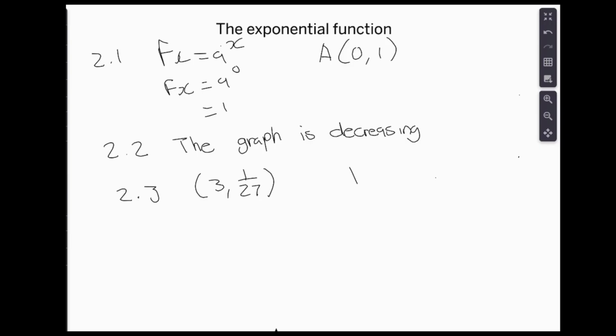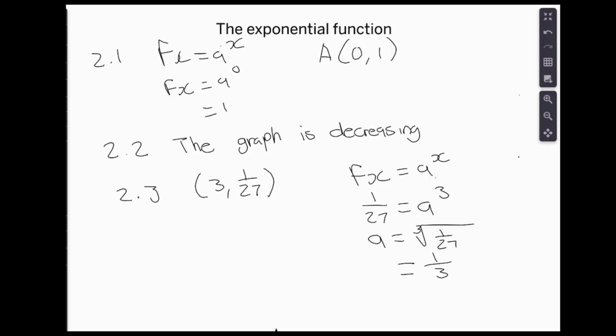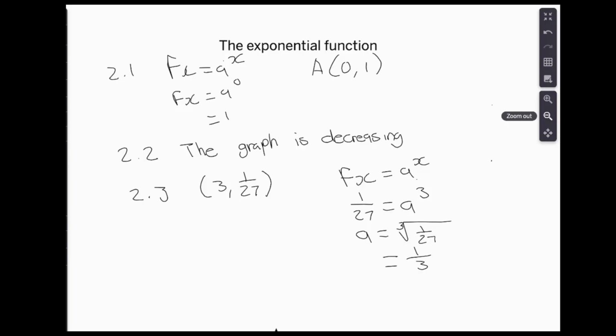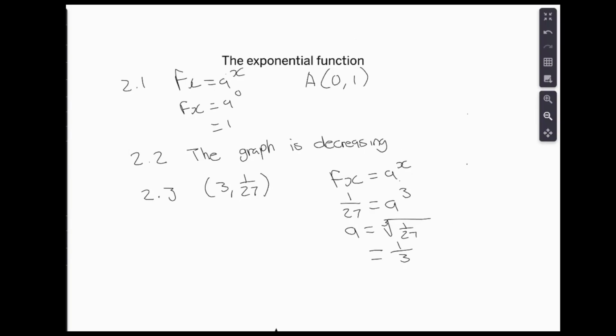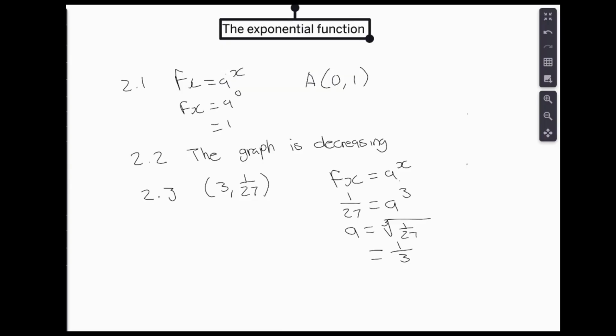So f of x is equal to a to the power of x. We know that 1 over 27 is equal to a to the power of 3, right? That means a is equal to the cube root of 1 over 27. A is 1 over 3.